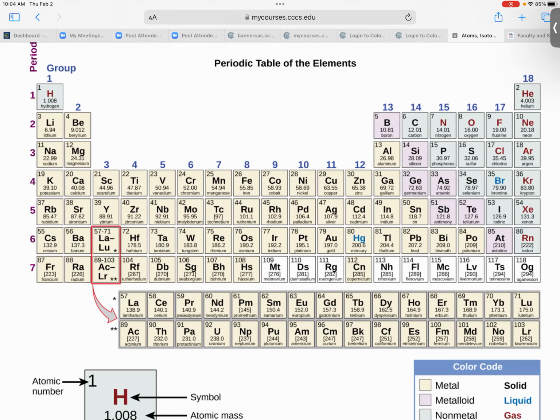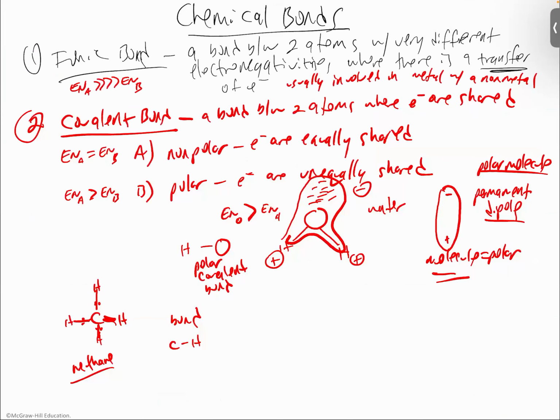But the question is, is the molecule polar? Well, let's take a look at it. We have electron cloud being sucked toward carbon, yes? But remember, in order to be a polar molecule, you have to have a dipole. That means you have to have a negative end and a positive end, so your charge distribution has to get lopsided. If it doesn't get lopsided, then you're not a polar molecule.